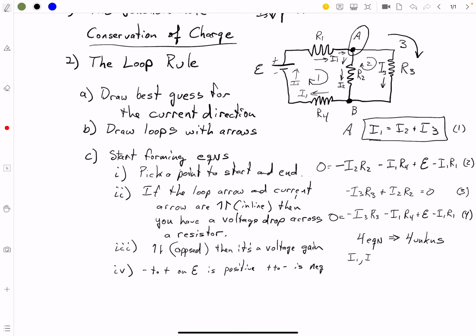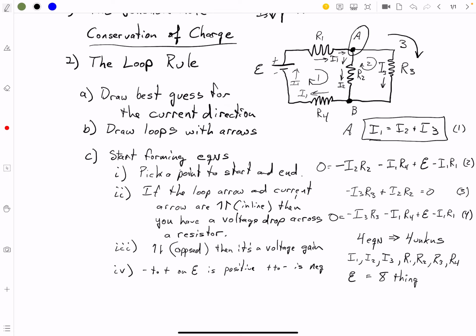So we've got I1, I2, I3. Those are our three currents. We've got a few resistors. How many do we have? We have four. So we've got R1, R2, R3, and R4. Lastly, we've got our EMF. Okay, so that's how many things are there? We've got one thing, two things, three things, four things, 8 things.